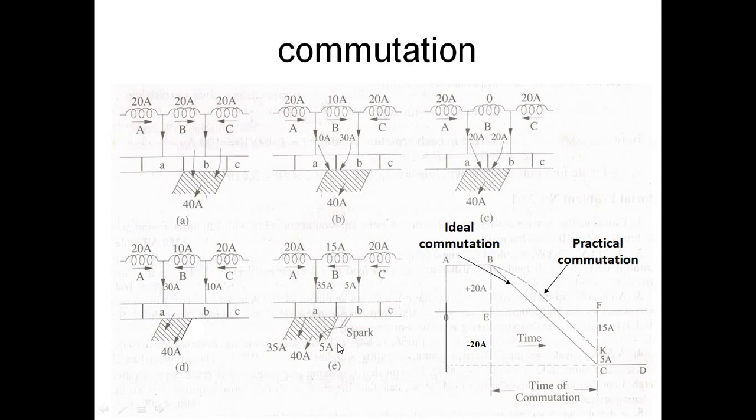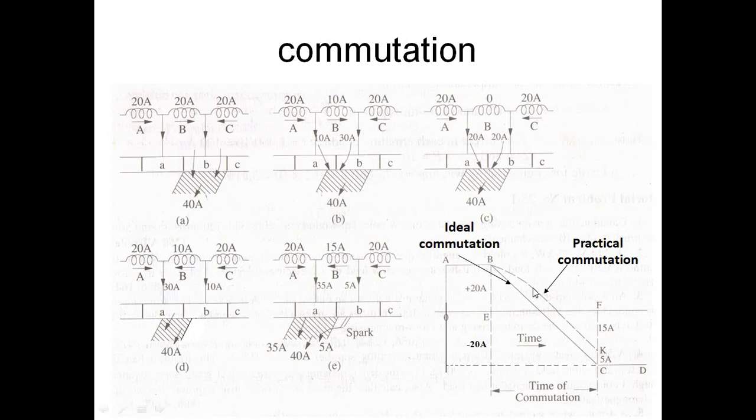The total current is 35 amps. The reverse current is not in the proper manner, that excessive remaining 5 amps will create the spark. That is called improper commutation.